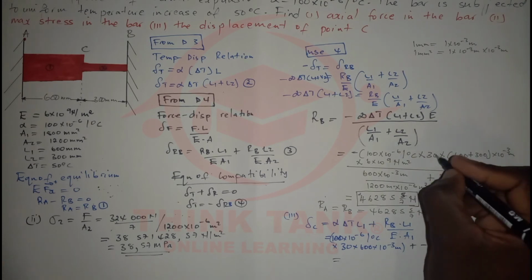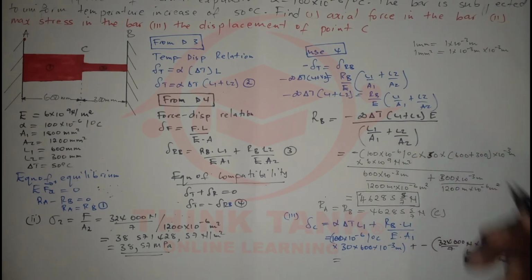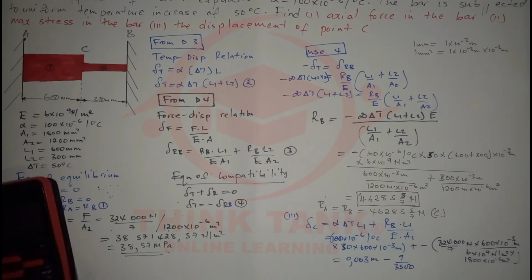The change in temperature is 50, so this should be 50. And the answer here is going to be negative 0.000428 meters. And we're going to write the magnitude. Let me write it as a fraction, 3 over 7,000 meters. That is going to be the final displacement.